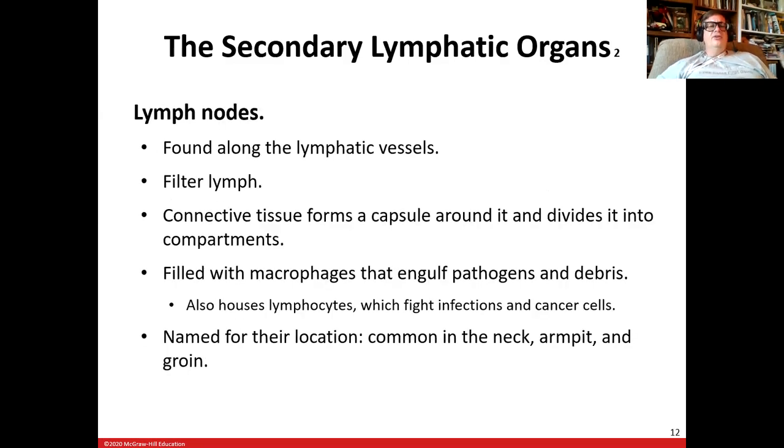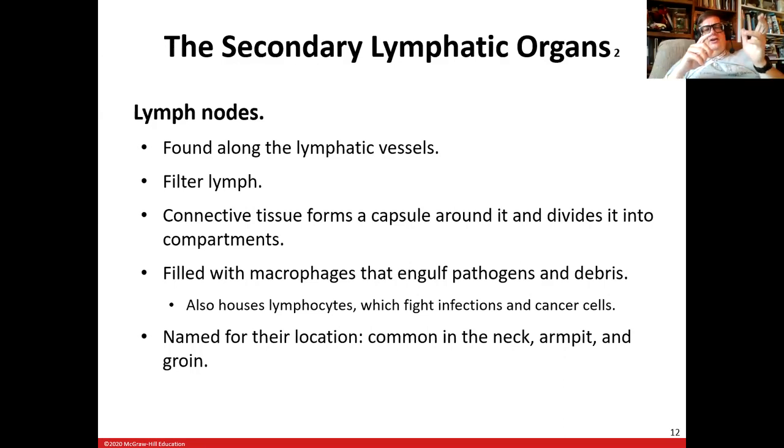So lymph nodes are along the lymph vessels. Remember, lymph capillaries drain into lymph vessels. Lymph vessels pass through these lymph nodes, and the lymph nodes filter the lymph. They have a capsule around them, and just inside that capsule, we have the cortex.